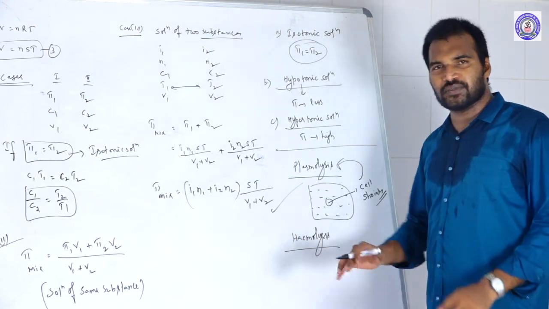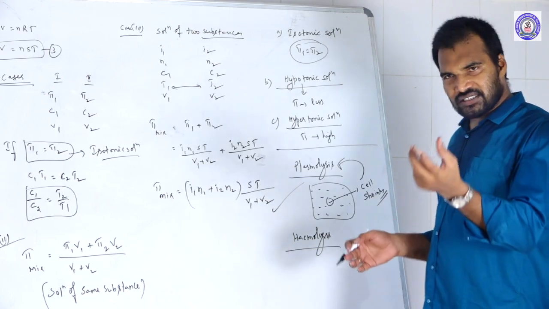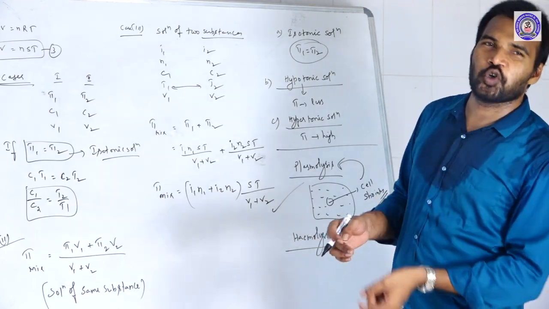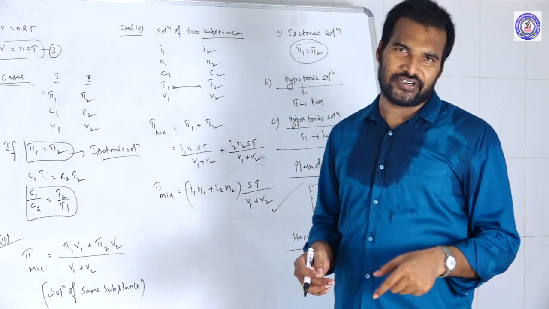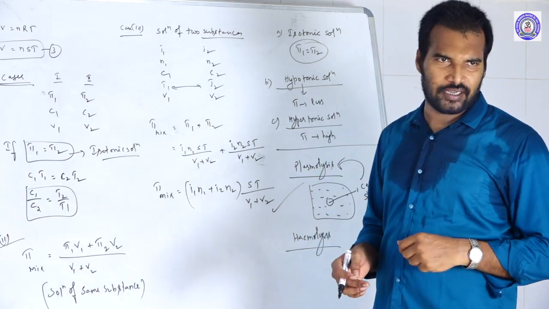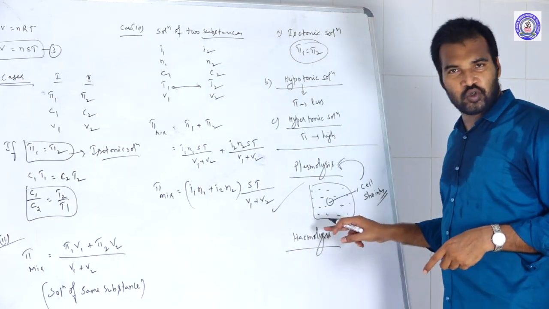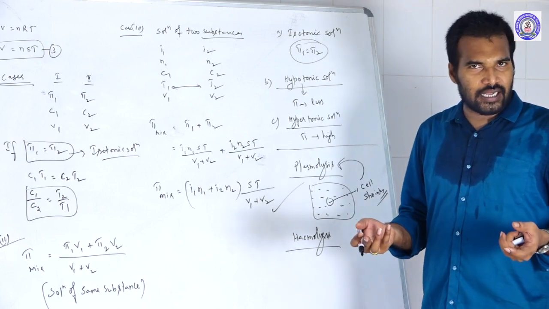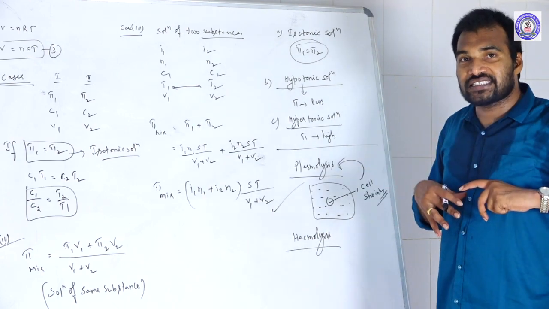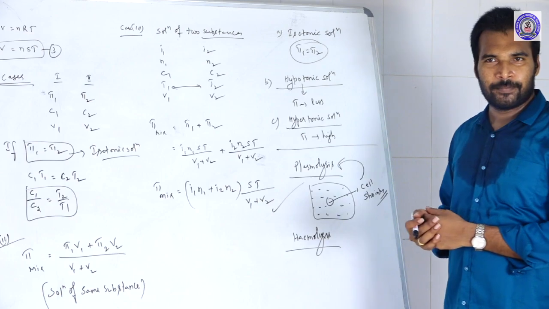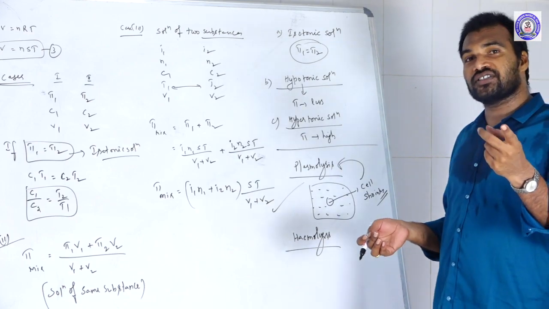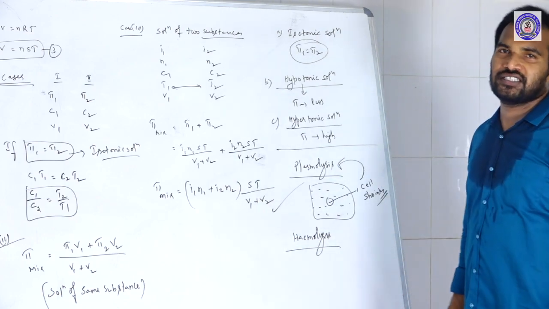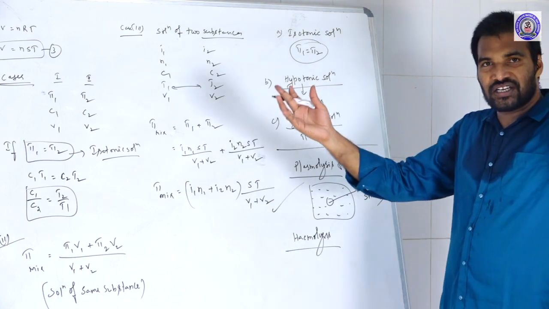Plasmolysis. Hemolysis means the reverse. Suppose we keep the cell in hypotonic solution, hypo means lesser concentrated, that means lesser osmotic pressure. If we keep it in a lesser concentrated solution, the concentration within the cell is more compared to outside. So which osmosis takes place? Endosmosis takes place, and the cell size increases.